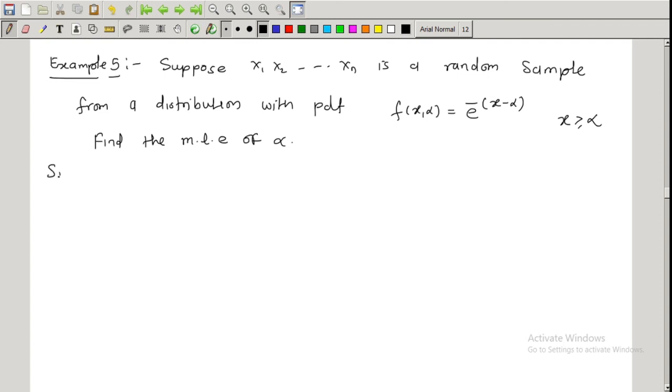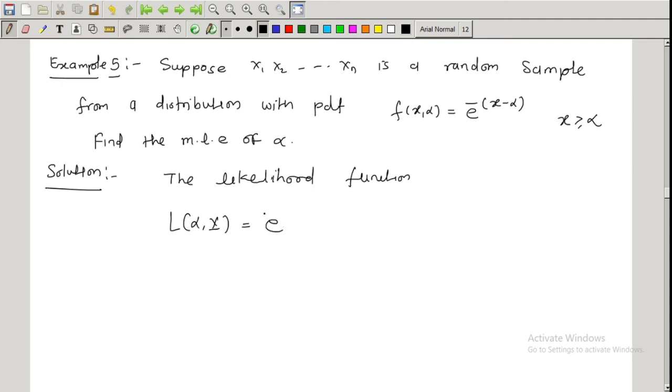So here the PDF is already given. We write the likelihood function directly. The likelihood function L of alpha comma x bar is equal to e raised to minus summation of xi minus alpha.